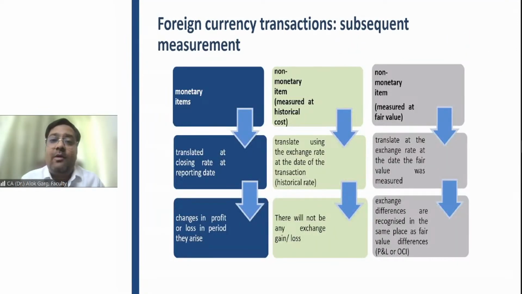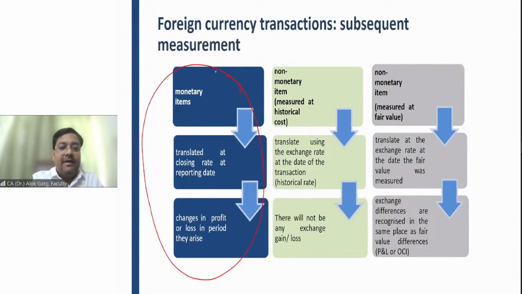Friends, now let's talk about the subsequent measurement. If it is a monetary item, it has to be translated at closing rate on the reporting date. And whatever change there is in the exchange rate will be debited or credited to the profit and loss. So this is monetary item. Let's go to this example again.